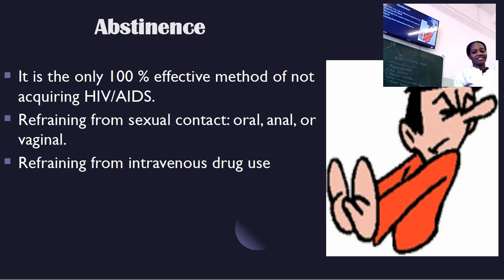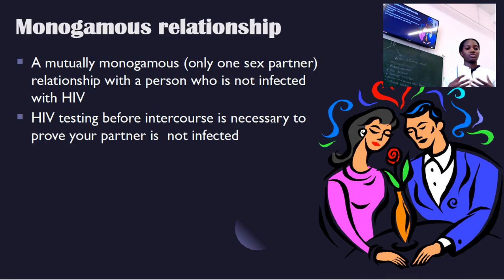So abstinence, guys, you can see from the picture that it is better to abstain. It is the only 100% effective method of not acquiring HIV or AIDS, and refraining from sexual contact, oral or any other methods is best, and refraining from intravenous drug use, like what drug abusers usually do.